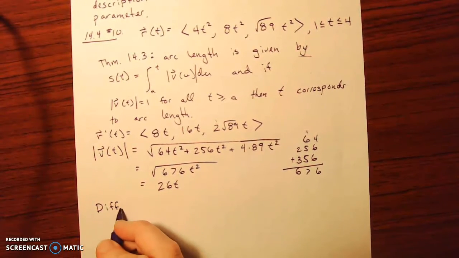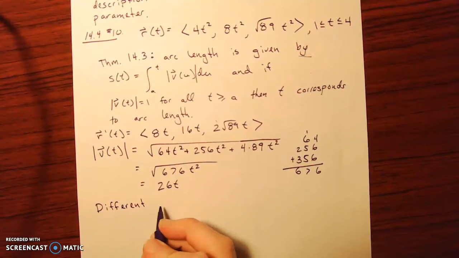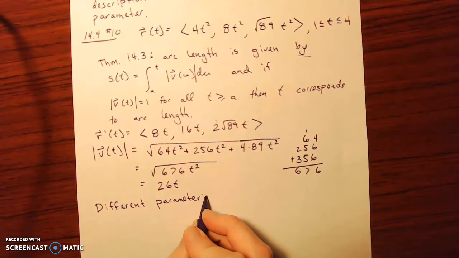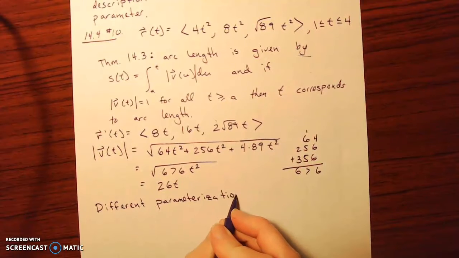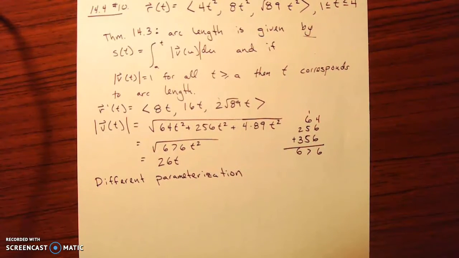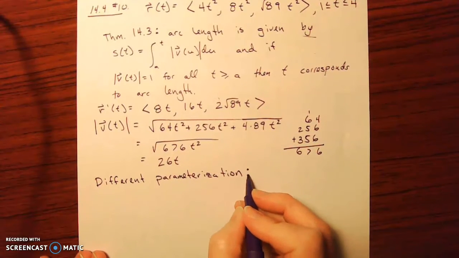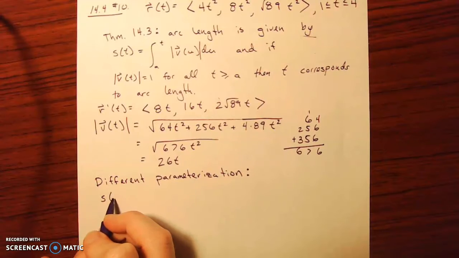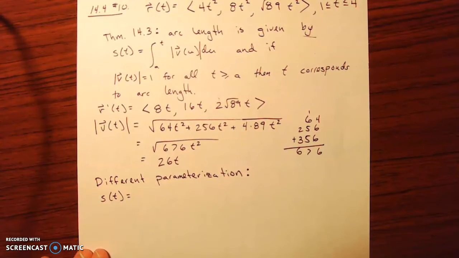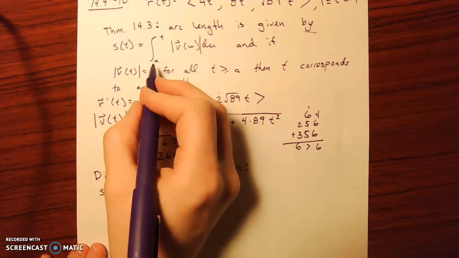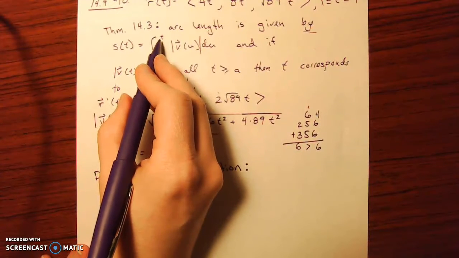We'll use s for arc length so that the parameterization will correspond exactly to the arc length. Okay, so we want to use s, and remember from that theorem, our arc length function s of t is the definite integral from a to t.